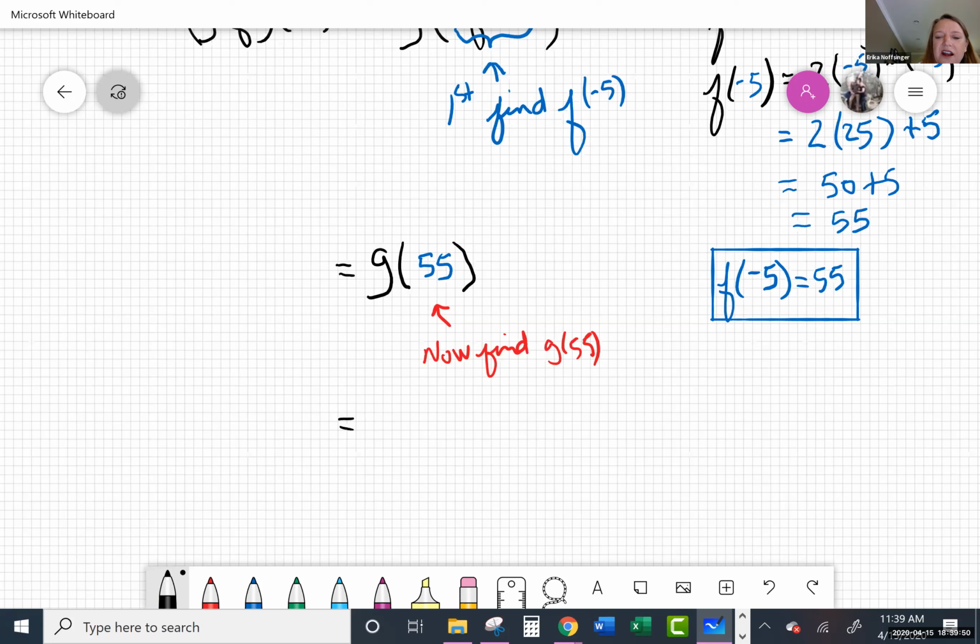So let's look at our equation of g of x. That was 3 minus 5 times x. I'm going to put parentheses there because that's where x was, and let's replace x with 55. Order of operations, I need to first multiply before I subtract or add. So negative 5 times 55: 5 times 5 is 25, carry my 2, 5 times 5 is 25, so that's 275.